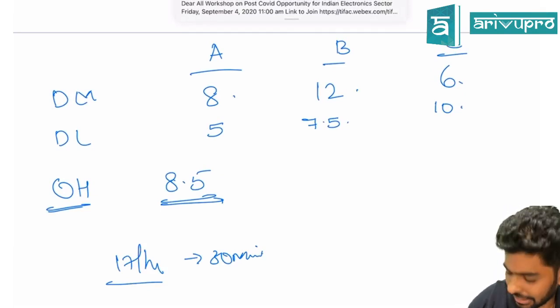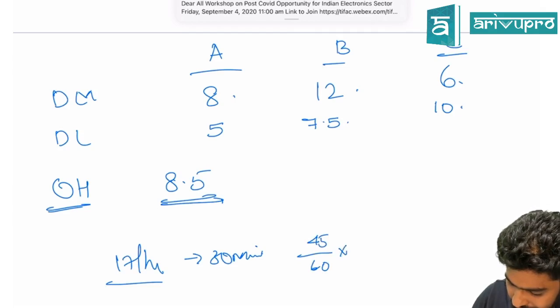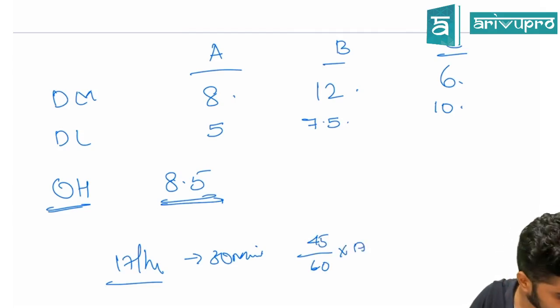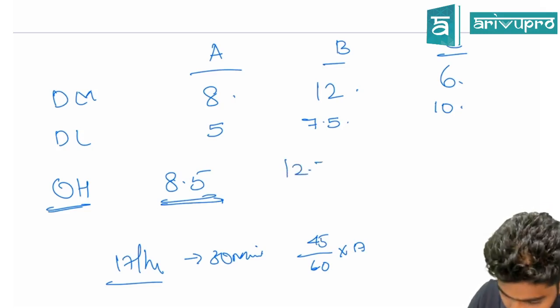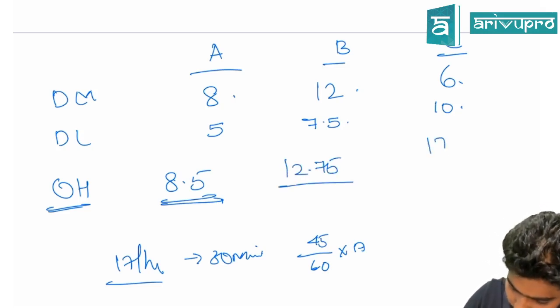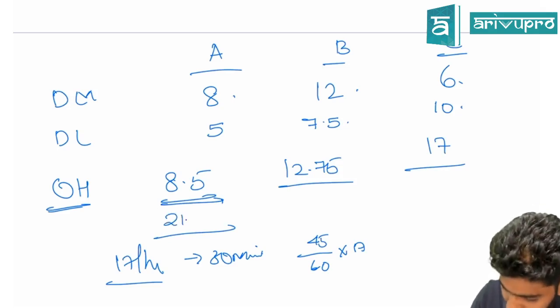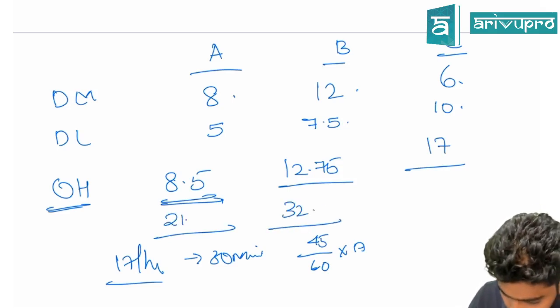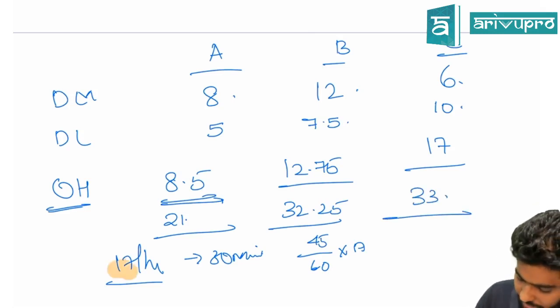For the second guy, he is taking what? 45 minutes. So 45 divided by 60 into 17. Overheads for the second guy is going to become what? 12.75 for the second. So the total cost per unit will become 21, 32.25 and 33 by adding up all the three.